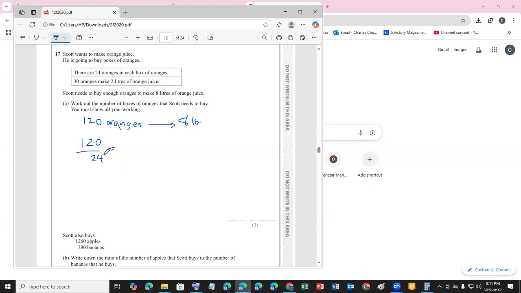Yes. Okay, so we can quickly use 12 and handle this. 12 in 24 is 2. 12 in 120, that's 10 times. 2 in here is 1, and 2 in 10 is 5. So the answer is 5.